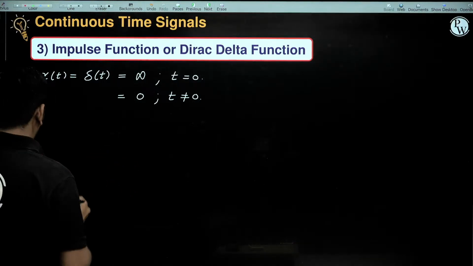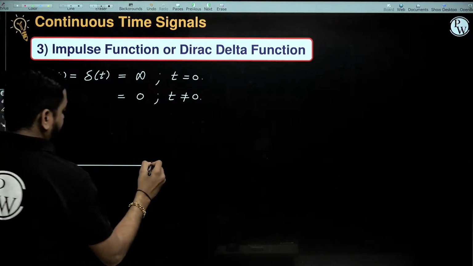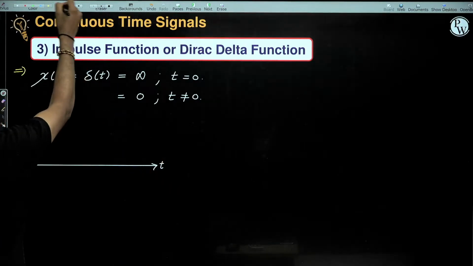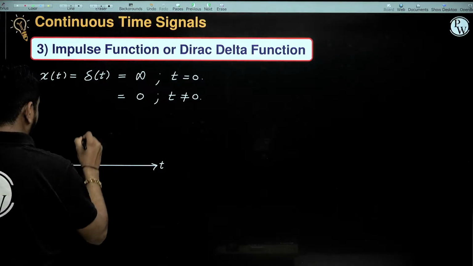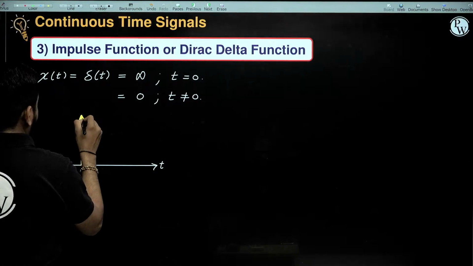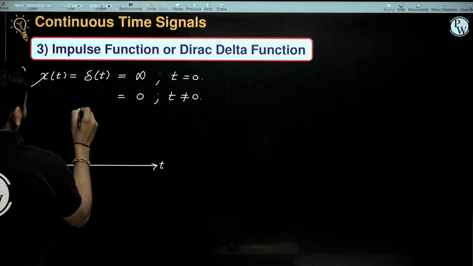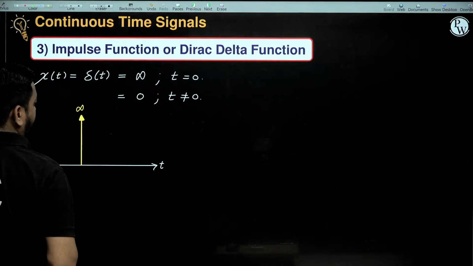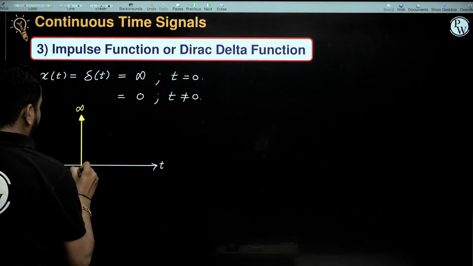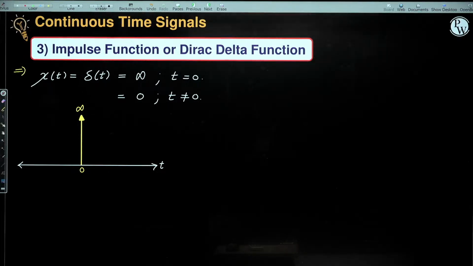Here is the graphical representation. At t equal to 0 it looks like this, guys. The upward arrow indicates that amplitude is infinite at t equal to 0, and amplitude is 0 other than t equal to 0. This is the graphical representation of the impulse function.